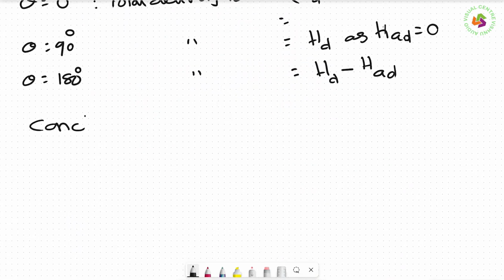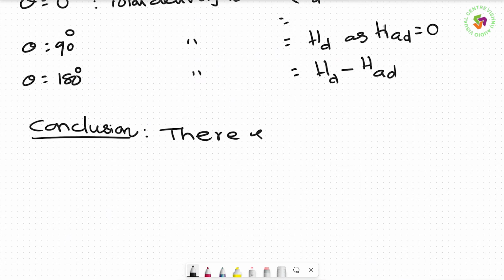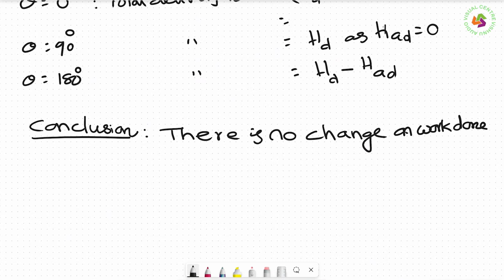Conclusion is, acceleration has no effect on the work done, because the indicator diagram area is the same.